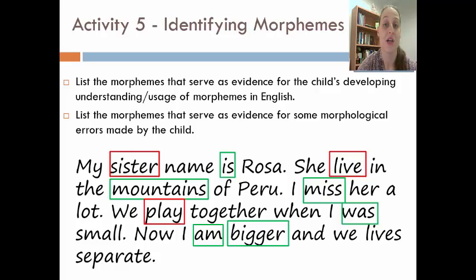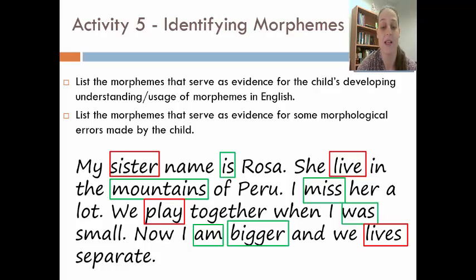We also see that this girl has left off the inflectional suffix to modify play by verb tense, so that it reflected a regular verb tense of played in past tense. We also see the unnecessary addition of the inflectional suffix s for person, where she didn't actually need to have it.